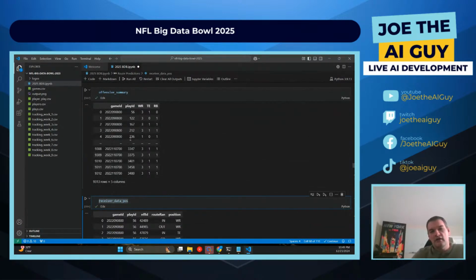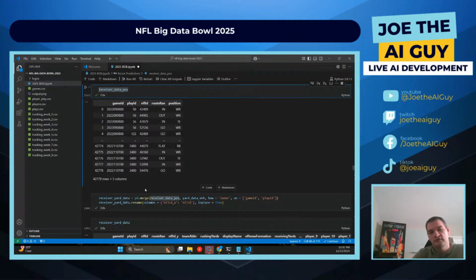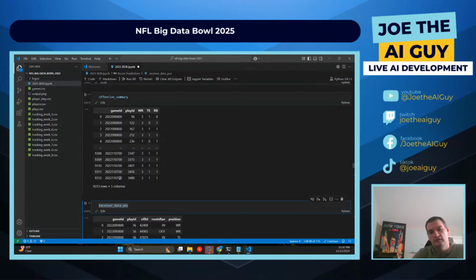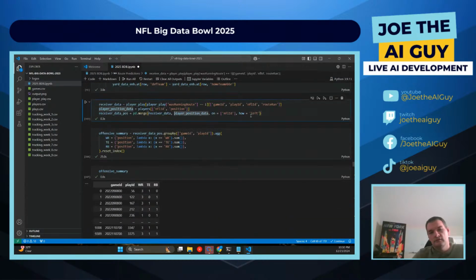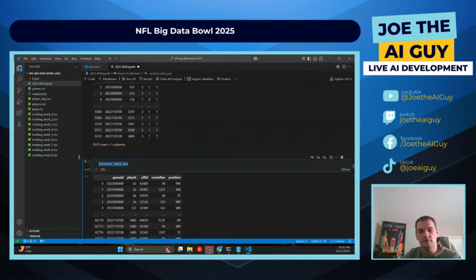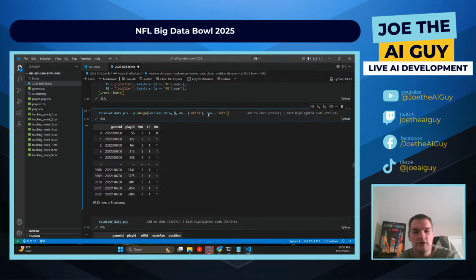Perfect. So now I want to merge this into the receiver data. So I'm going to take this. We're going to come here. Because what I want to do is, instead of position data now, I want to bring in the offensive summary.